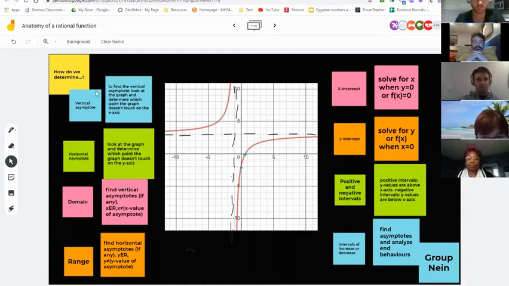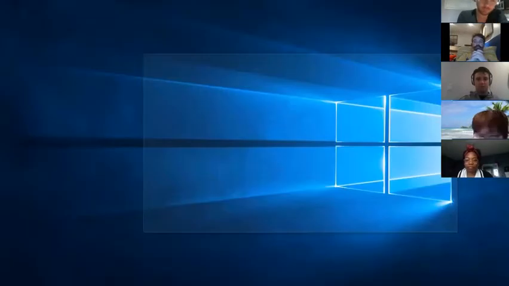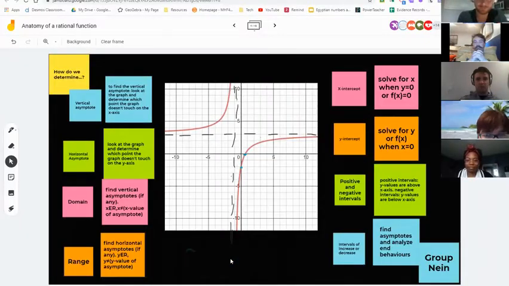Do you want to tell us about the vertical asymptote, please, group 9? Go ahead, Justin. Okay, so I said define the vertical asymptote. You look at the graph and determine which point the graph doesn't touch on the x-axis.